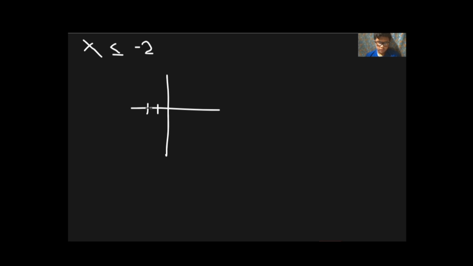We have our negative 2 here. The sign is less than or equal to, so we're going to use the solid line. And because it's solid, we're going to shade the part here.